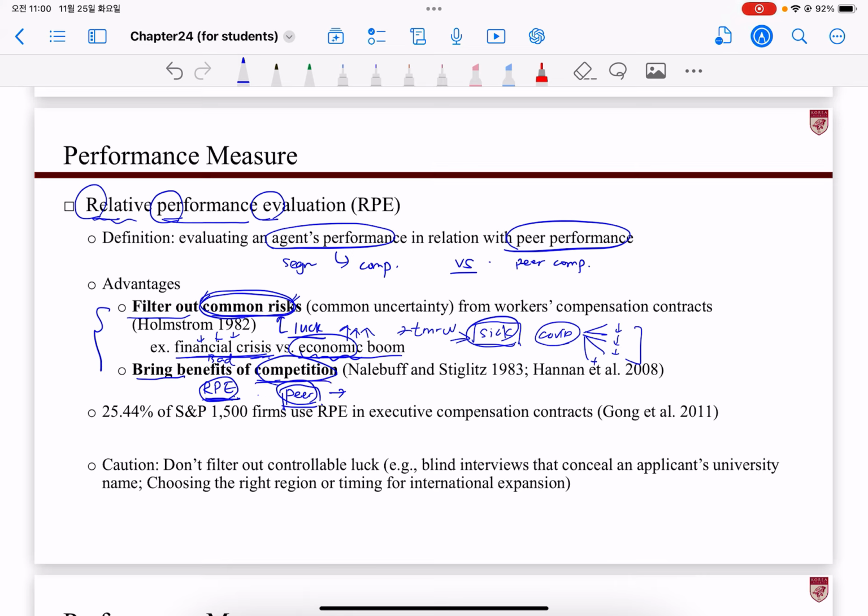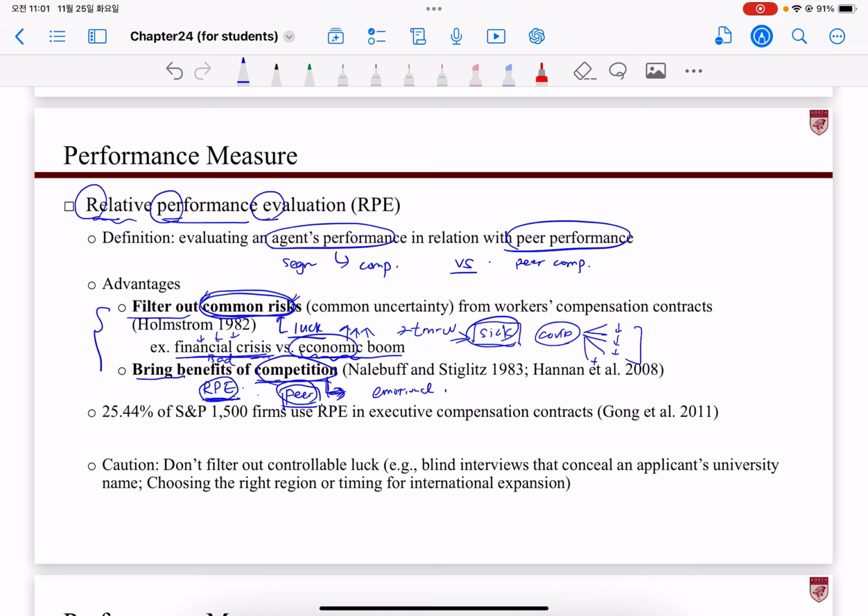So there is clearly a benefit of putting peer benchmarks side by side. That allows you to compete against your peers and do better, right? So of course, excessive competition may bring emotional distress for these executives, but a bit of competition can actually bring a favorable performance to your company and also motivate you better.